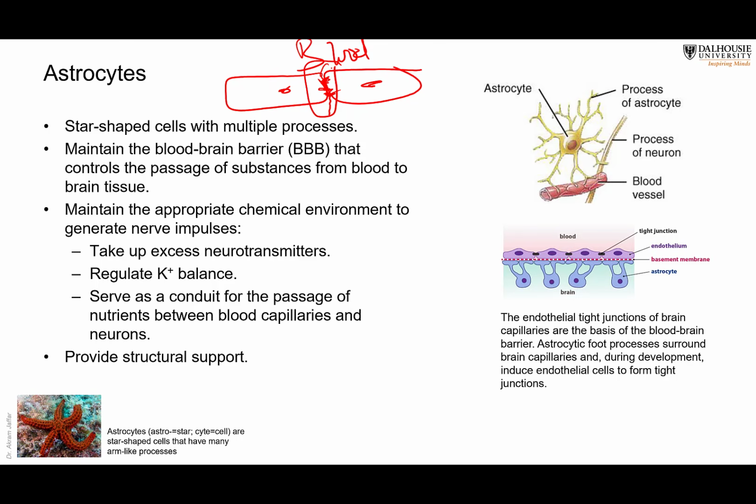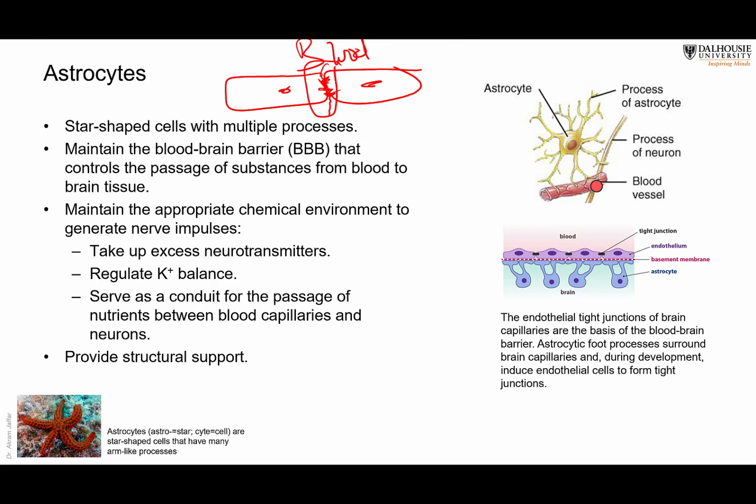So, as I said, they maintain an appropriate chemical environment. They take up excess neurotransmitters, regulate potassium balance, and as you can see here, they have multiple processes. So they act like a conduit between the blood vessel and the neurons.